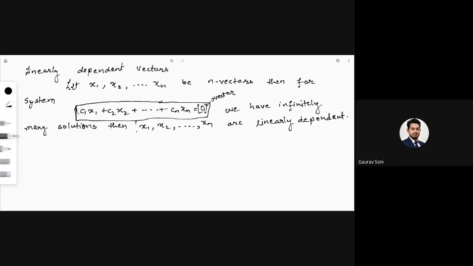If I get infinitely many solutions, then I will declare they are linearly dependent. If it has a unique solution, what will it be? Independent, of course, but what will be the solution? All are zero. Yes, C1, C2 up to Cn, all of them are zero.